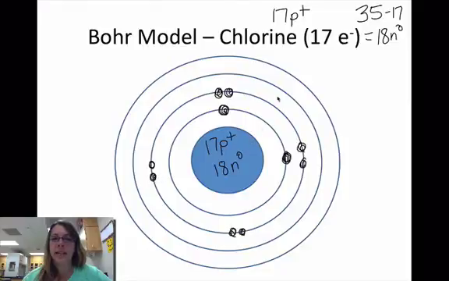So that's 10, and I need to get up to 17. So 11, 12, 13, 14, 15, 16, and 17. So we have the 7 here on the outer energy level, and that's what that one would look like.